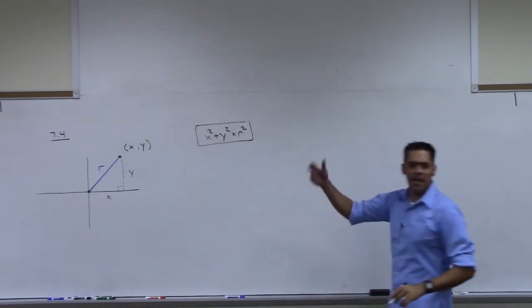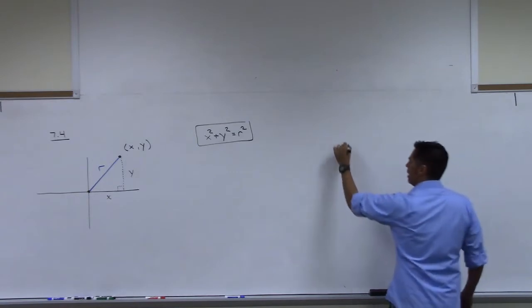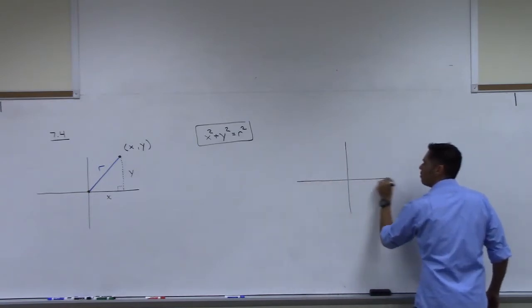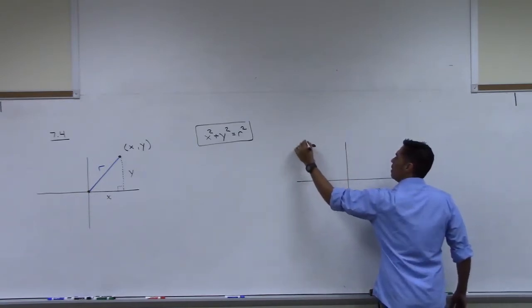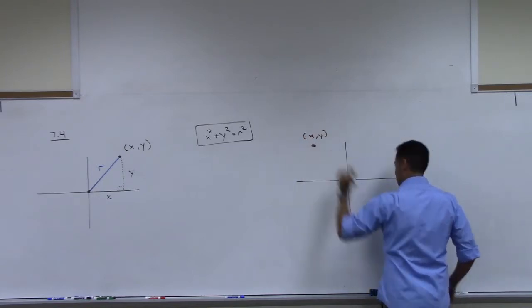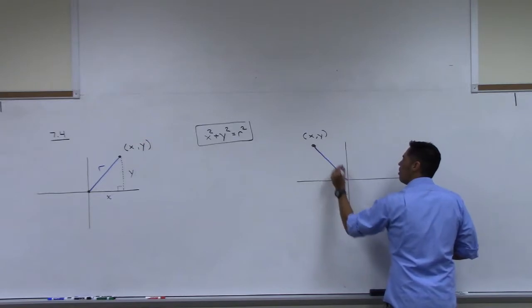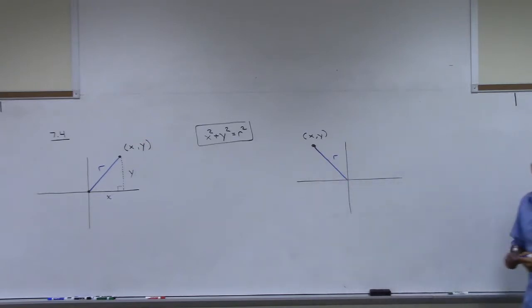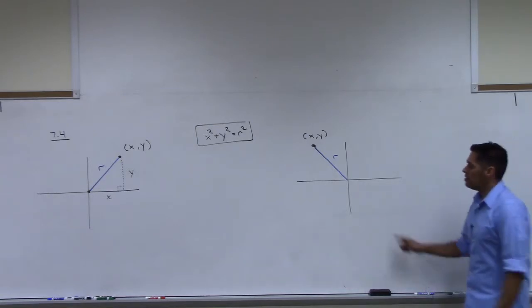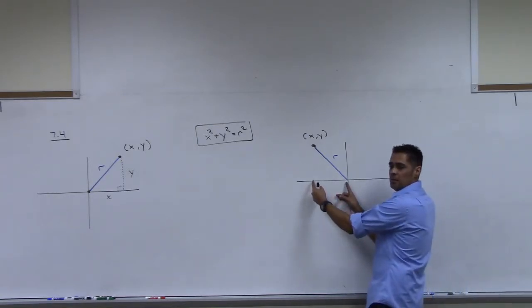Will that work for any angle or any point? So let me try and give you another one. How about over here? If I call this X and Y, and I draw a line connecting that point to the origin R, then, so this is actually a negative number, isn't it?